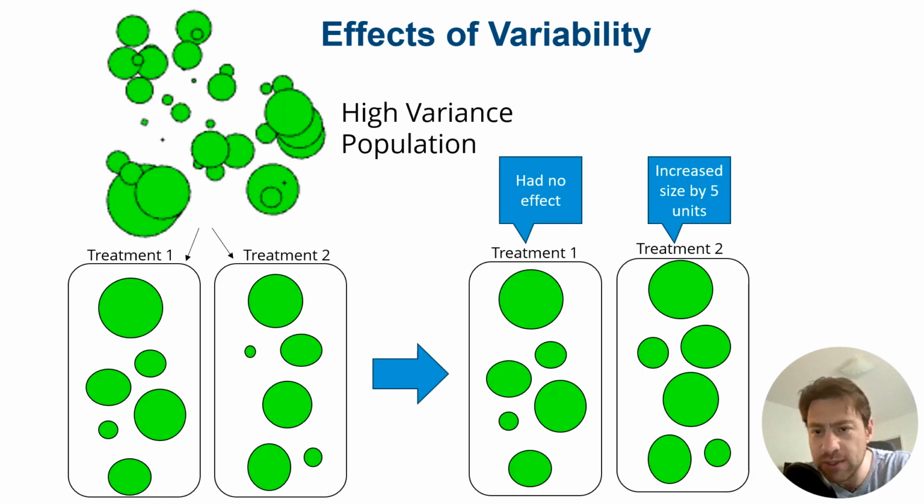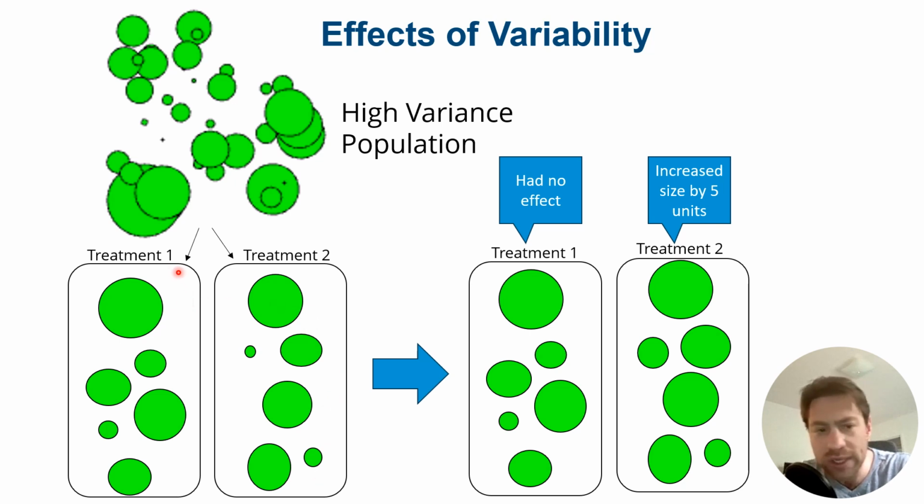So now let's consider the following example. Same experiment, same design, same everything, except now you're dealing with this high variance population that we created. And so you have your two treatment conditions, but now you have a lot of variance within each condition. You can see that here.